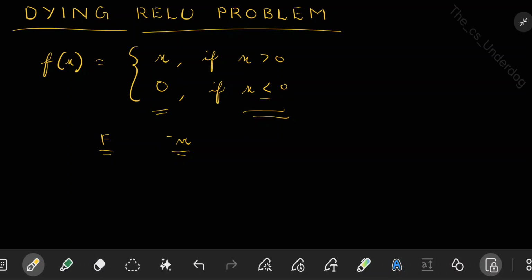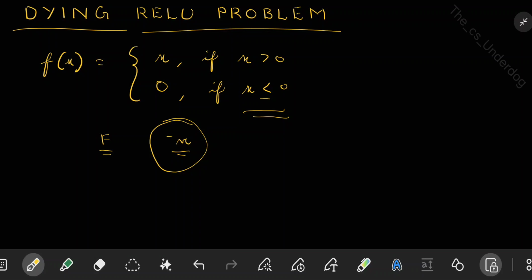This is only how you can hit the dying ReLU problem. Because you know for positive input, ReLU will give you some output. I am saying irrespective of the input, ReLU is giving you 0 only. That means there is some factor which is making the input negative irrespective of whatever you give it. So let us understand how this is happening.